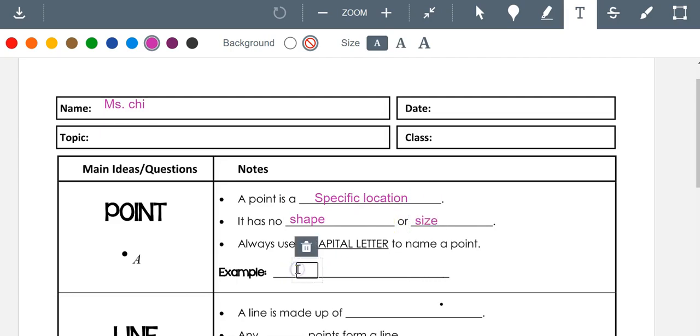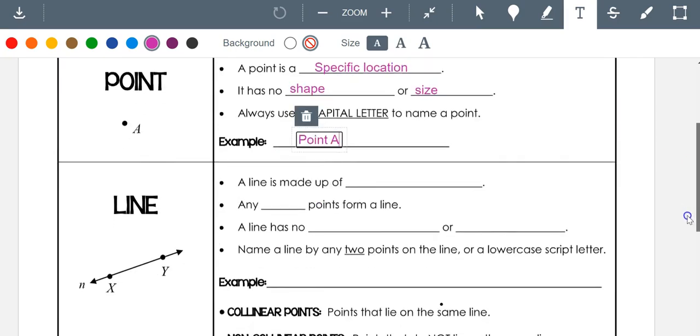An example, the example to the left, we can call that point, capital letter A. Now with the shorthand notation, you wouldn't be able to write that in text. So if you want to use the shorthand notation, you will have to write on your own piece of paper and take a picture and submit, and that's fine.